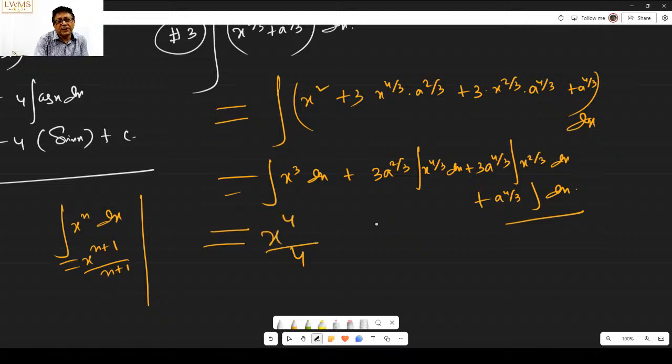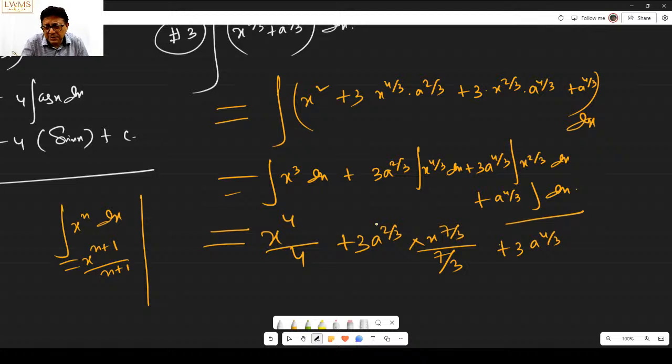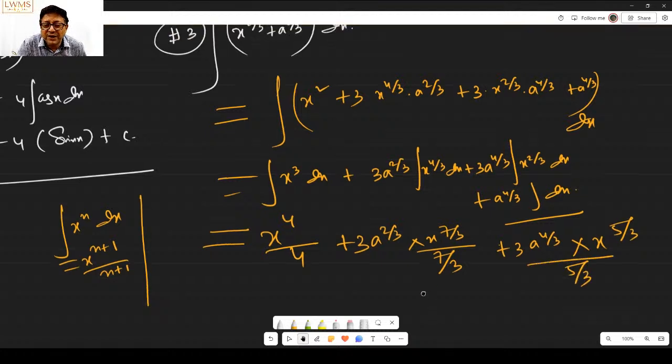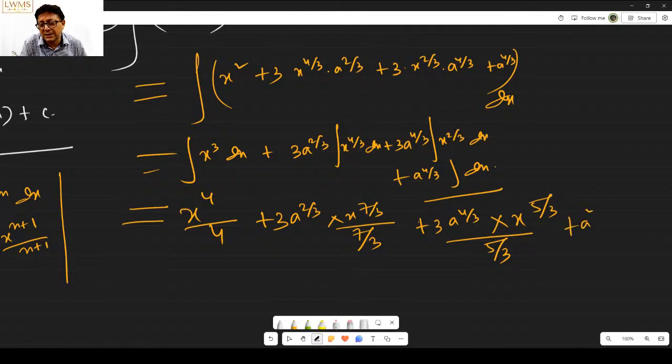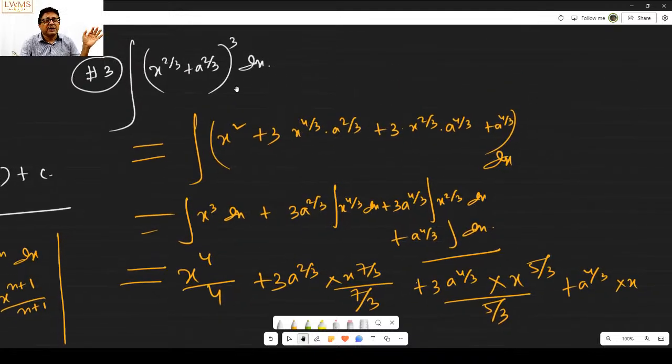So there it will be x4 by 4, x to the power, understand, x to the power 2 by 3 plus 1 is what? 5 by 3 plus a to the power 4 by 3 is a constant. It will come out, integration of dx is x. And all those constants are to be added. Sum was this, x to the power 2/3 plus a to the power 2/3 whole cube. There was this to integrate.